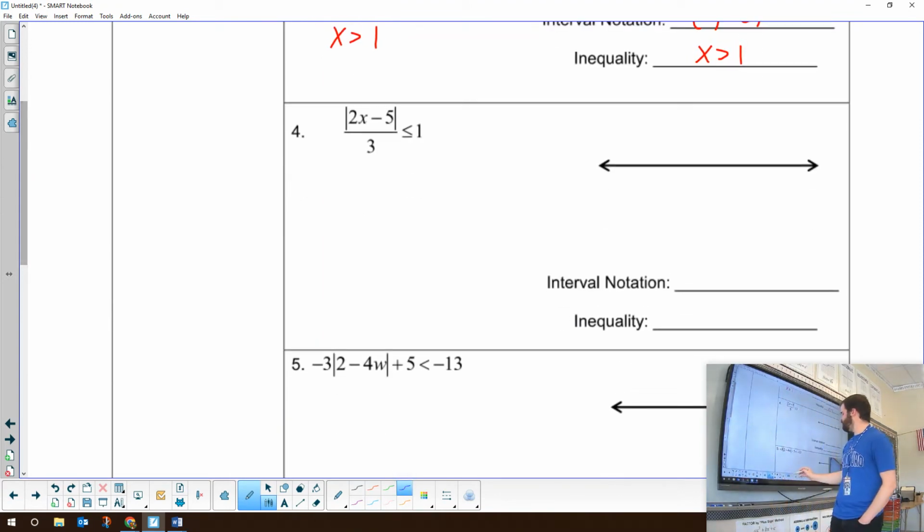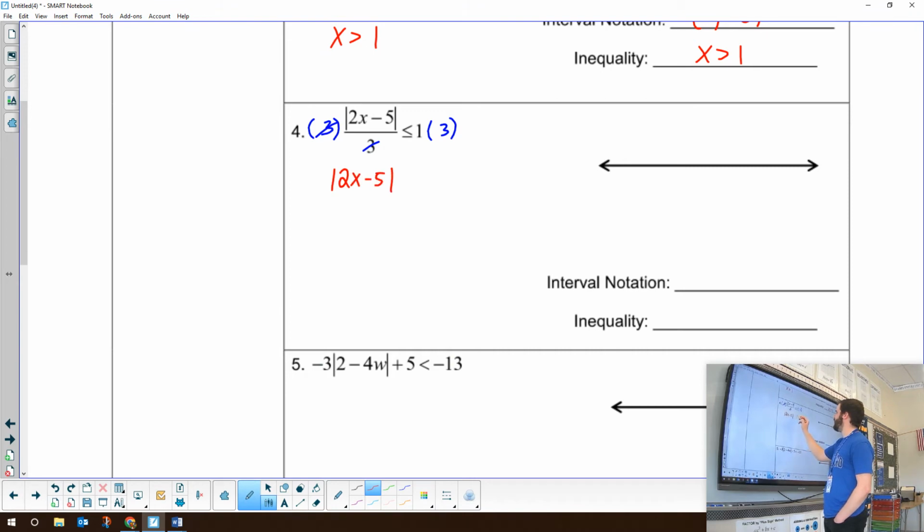Number 4, remember, first step is to get the absolute value by itself. To get my absolute value by itself here, I need to multiply by the denominator since the whole thing is in the fraction. So that'll cancel out. I'll get the absolute value of 2x minus 5 is less than or equal to 3. Now, notice here, I have a less than symbol when I get my absolute value by itself.